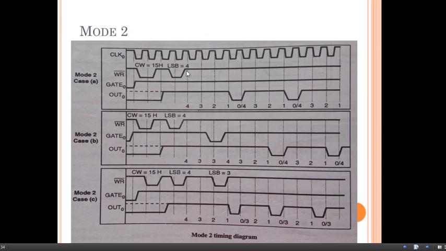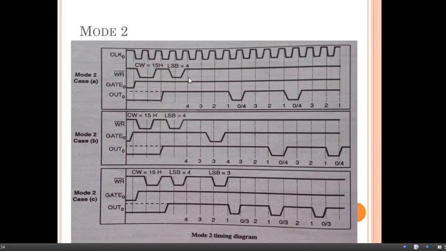The first operation is the normal operation. Once the data is loaded, it is transferred to the counter and the counter starts counting, and each time the counter gets decremented by 1 for every clock cycle.